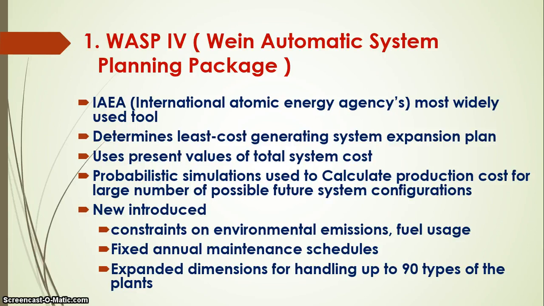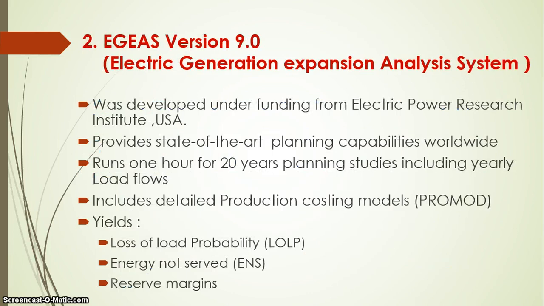Okay, and we have discussed a few of the features: that it can optimize the problem for production cost and expansion planning. It can take the constraints such as environmental emission constraint and fuel usage. So environmental emission constraint is a very important constraint nowadays to reduce the carbon footprint from our power generating units.